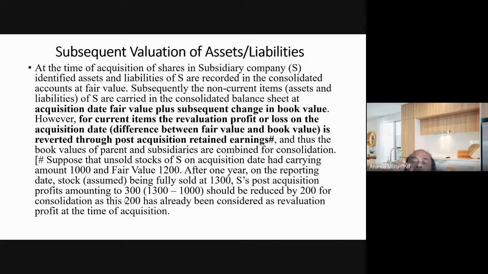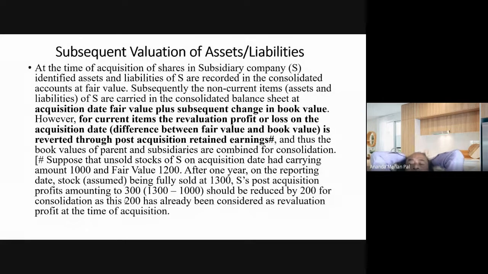So this is one simplest example. Other complications you need not develop. Only keep this idea and maintain this: for current assets, always assume they would be transacted in the post-acquisition period, and whatever revaluation profit or loss there is would ultimately be reflected in post-acquisition profit and loss, and automatically you have to reduce or increase the post-acquisition profit and loss.